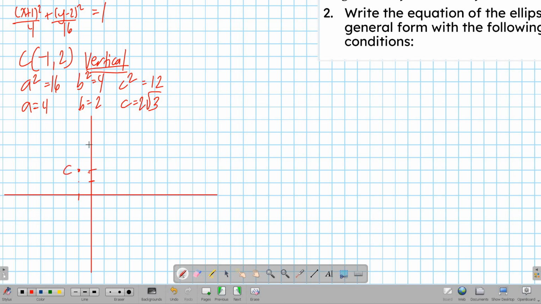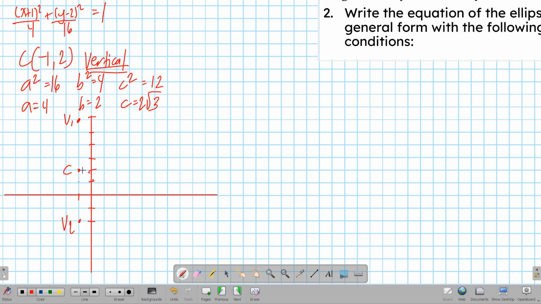That's our center. So we go up 1, 2, 3, 4. Here is the first vertex. If we go down 1, 2, 3, 4, here is the second vertex. Here you go.